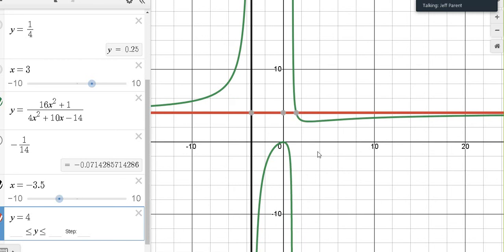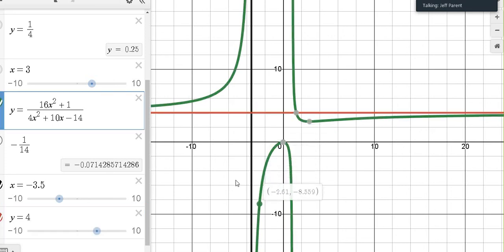And sorry, this is just kind of a technical question, but an asymptote isn't necessarily where the graph can't be. It's where the graph is eventually going to get close to. So, like x equals negative 3.5, that's a vertical asymptote. Eventually, the graph's going to get close to that. It might not touch it.